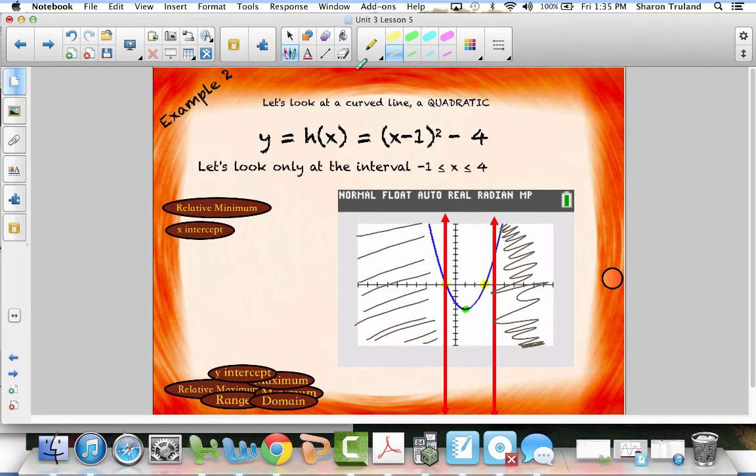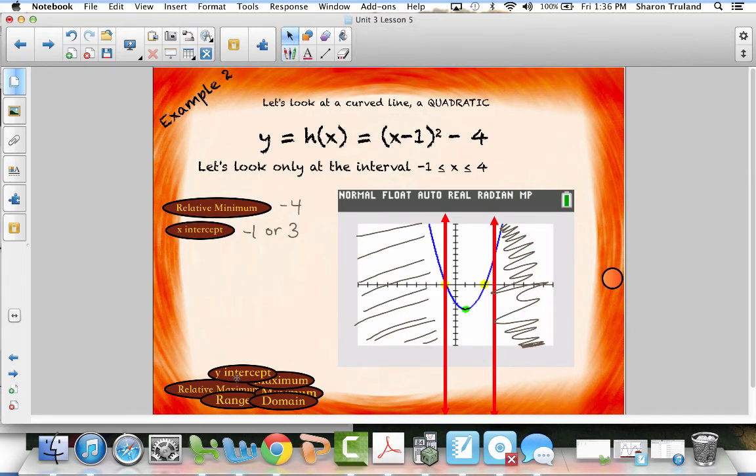So my x-intercepts, when I look at this, are -1 or 1, 2, 3. What was my relative minimum? 1, 2, 3, 4. Looked like -4 was the lowest my graph went.